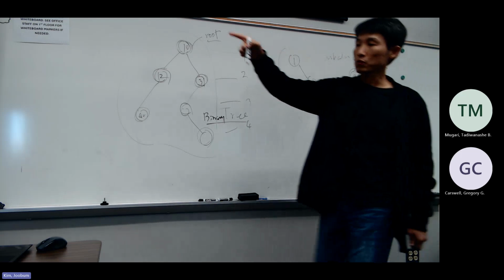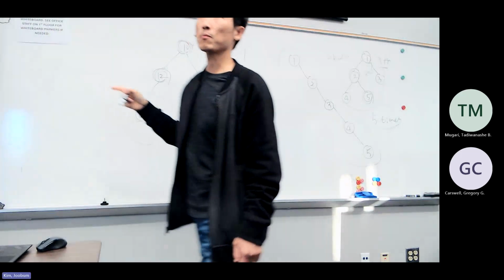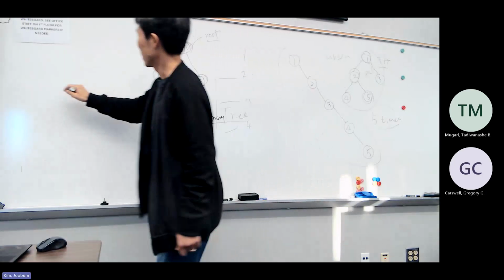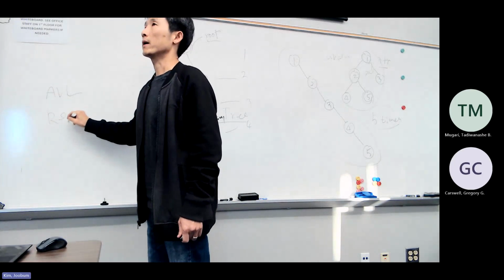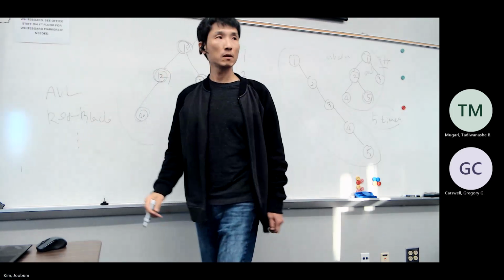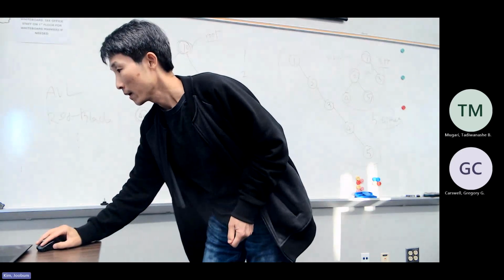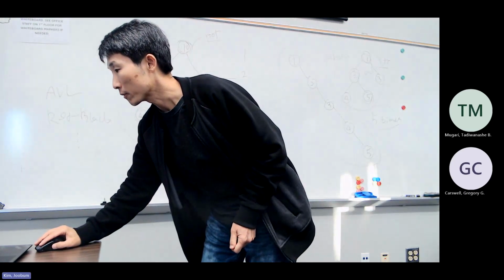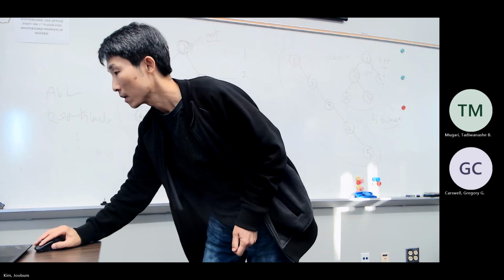And then B plus tree is balanced. Okay? So examples of balanced trees are AVL and red-black trees, and so on. One characteristic is that the cylinders are connected from left to right, like this.